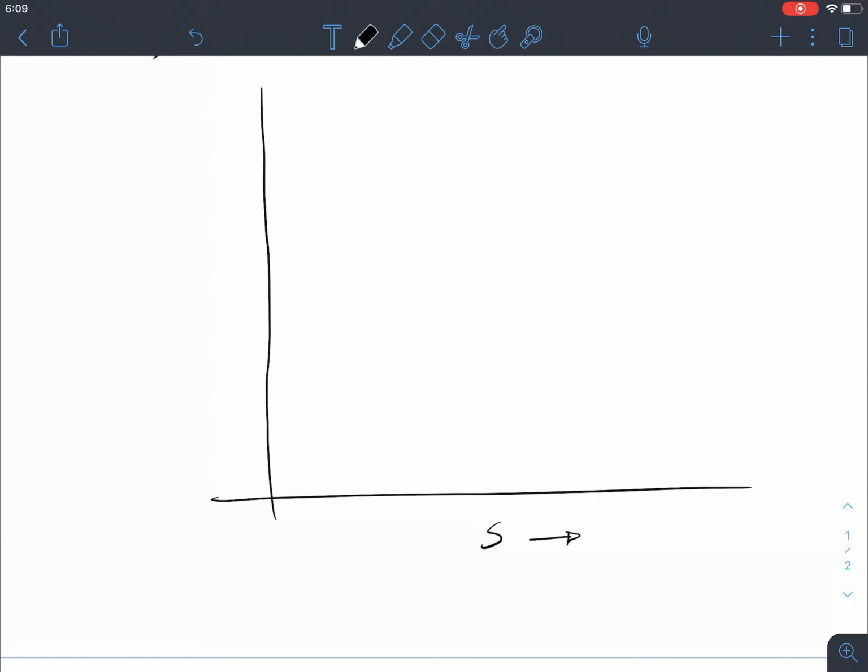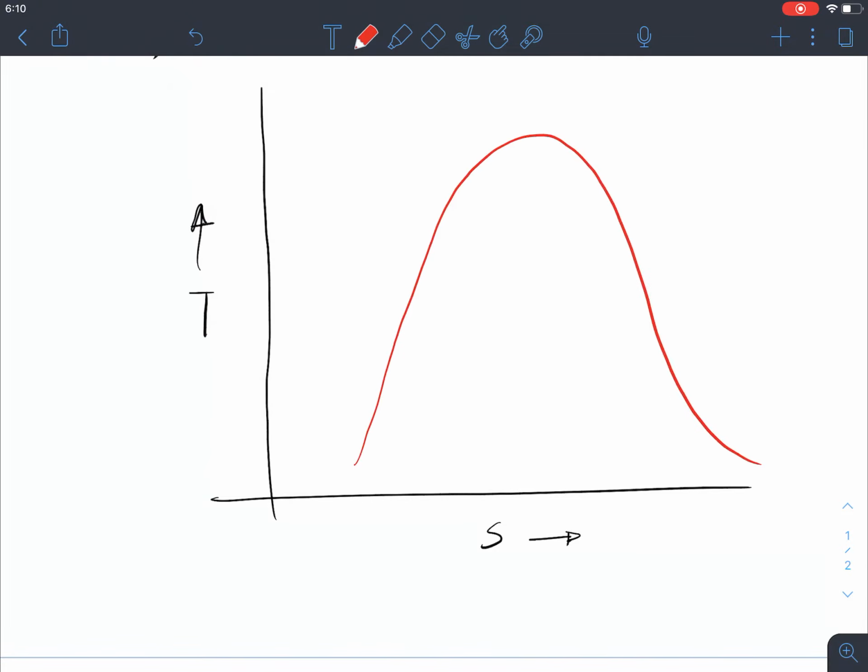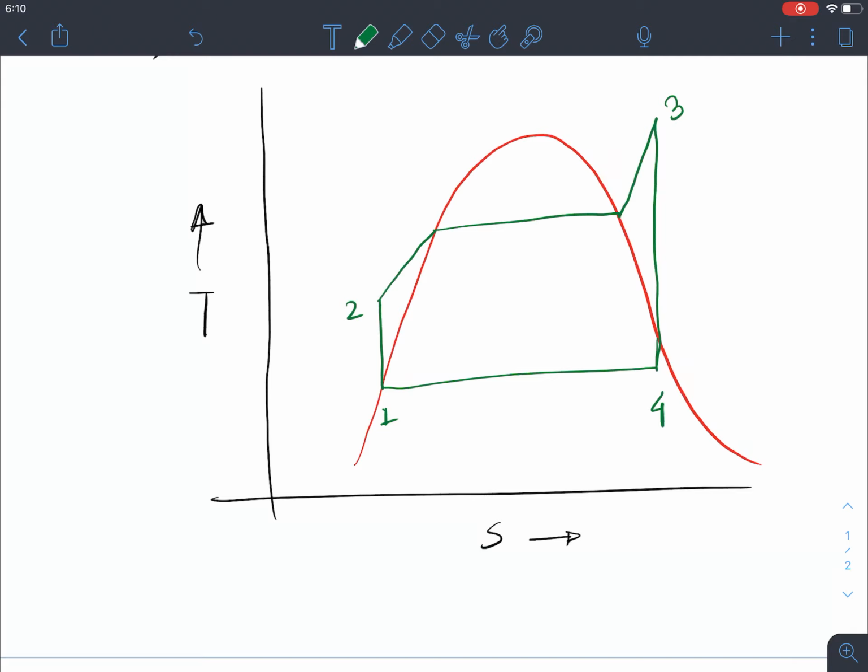However, in the real case, what is happening? Let's take a look. If we draw the TS diagram, the actual diagram is something like this, so this is 1 2 3 4.